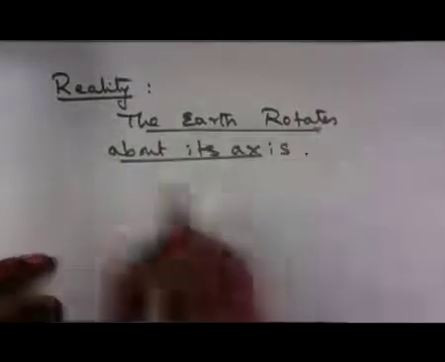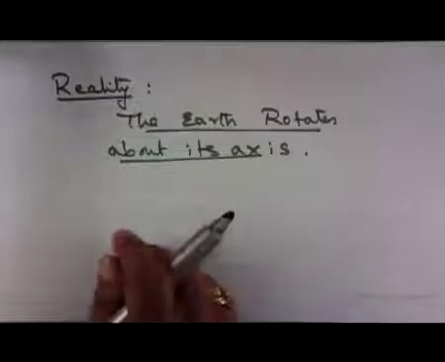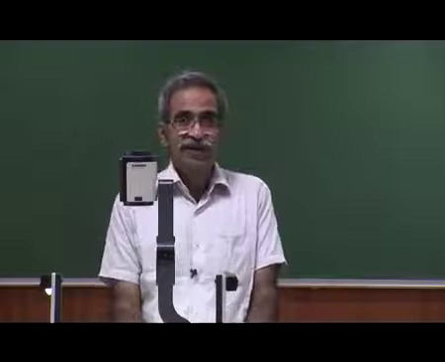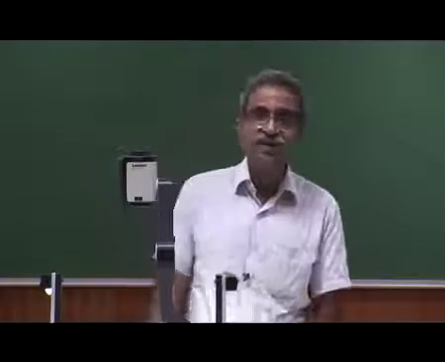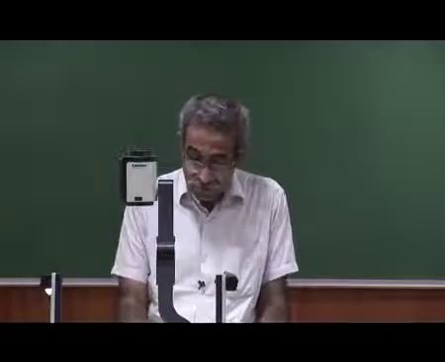At this point, we will ignore the fact that the axis is tilted at 23.5 degrees. That of course is extraordinarily important because it is this tilt that is responsible for seasons, etc. Let us ignore that particular fact.